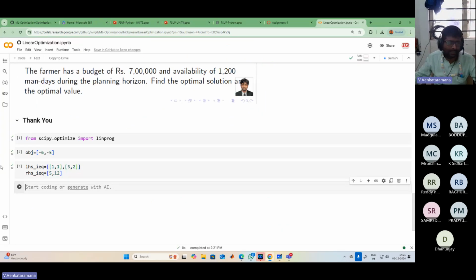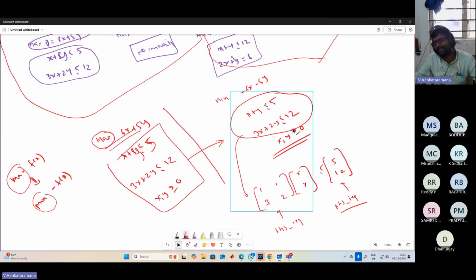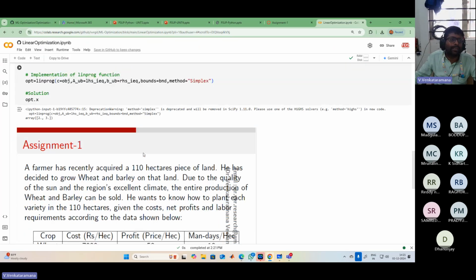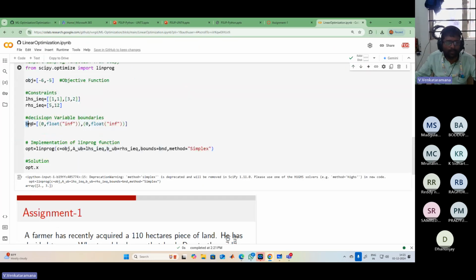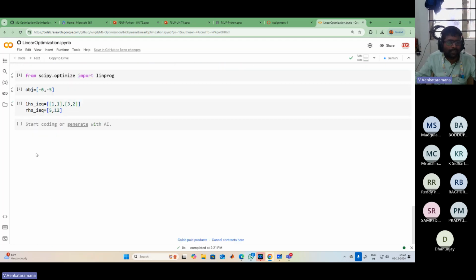We have the constraints readily available, and now we need the boundaries. You can use any variable name. Boundaries equal to, so what is the lower limit and what is the upper limit? These are two terms written again and again because one is for the variable x, another is for the variable y. So you can give any name.